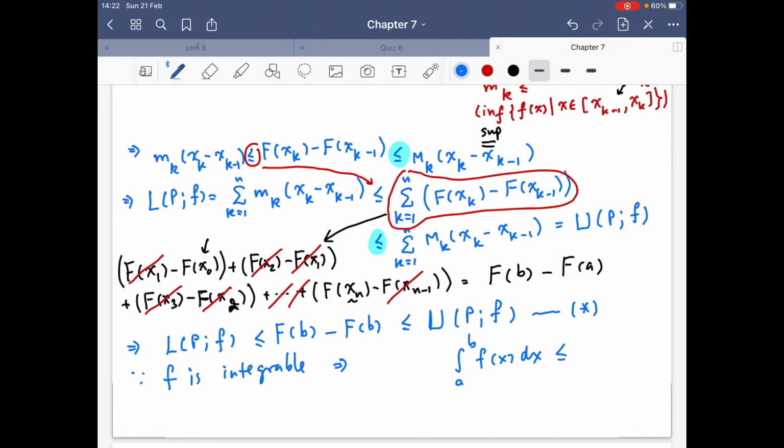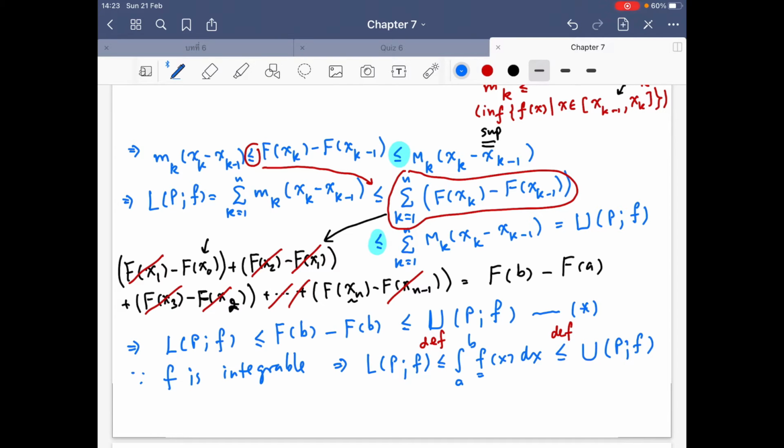And from the definition, it is the infimum of all upper sums, so it will be less than or equal to, in particular, this upper sum for this partition. And again, by definition, it is the supremum of the lower sums. So in particular, if you compare with this lower sum for a particular partition P, then your integration of f is in between these two values.